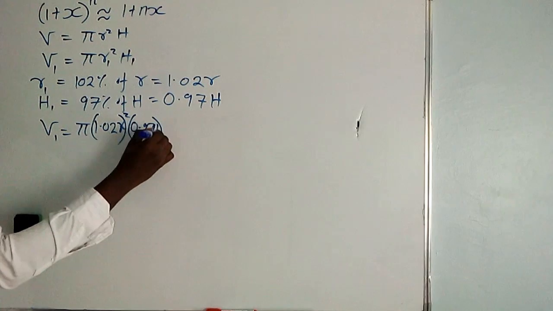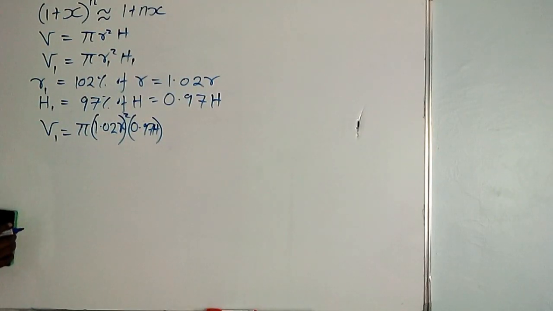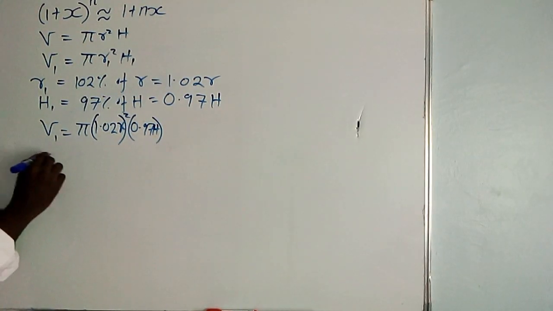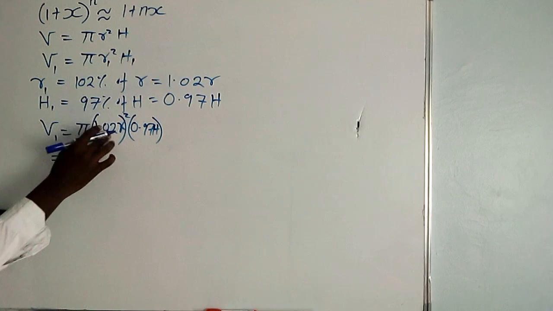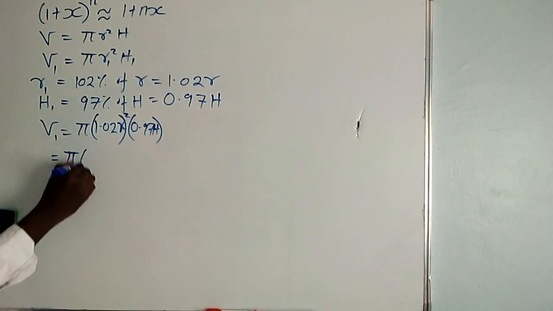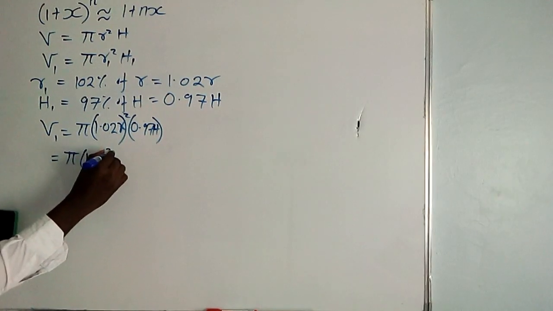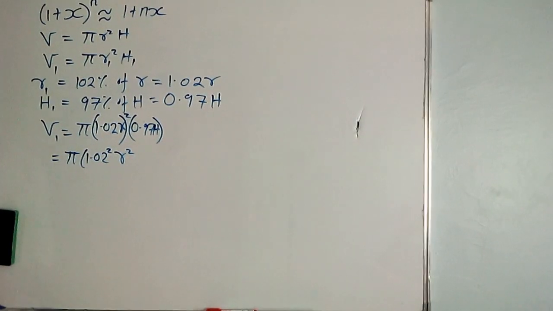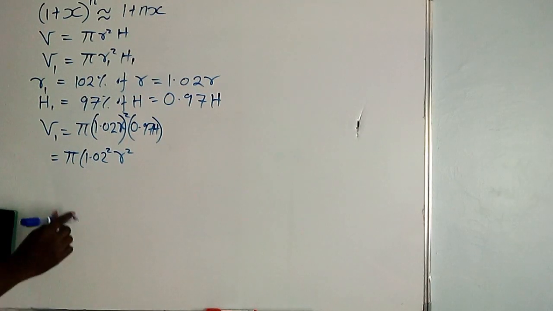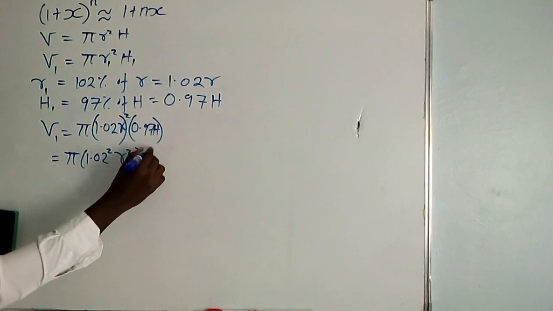Are we together? Yes. Now from there, you separate the old volume to see which portion has increased, isn't it? So you have to open this bracket. If you open this bracket, you have pi into 1.02 squared and r squared. You separate them, because you want pi r squared h on its own for it to imply volume, isn't it?